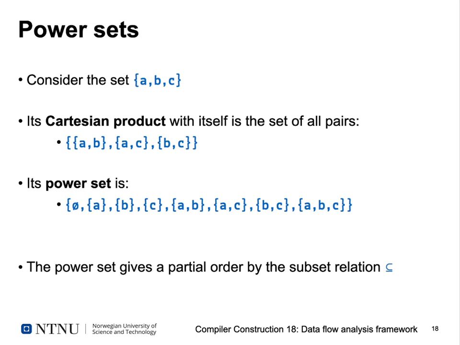So the power set really contains all the sets that are possible combinations of our elements in our basic set here, including the empty set where none of these elements is present. And our power set gives a partial order by the subset relation, which is a subset or equal operator.